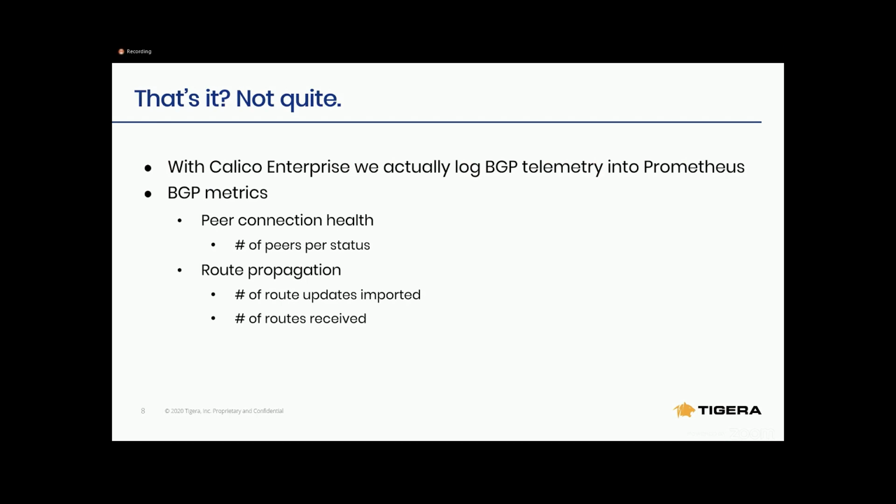With Calico Enterprise, we actually log BGP telemetry into Prometheus. We log peer connection health, which is the number of peers per status, and the routes that have propagated, so the number of route updates that have been imported and the number of routes that have been received.